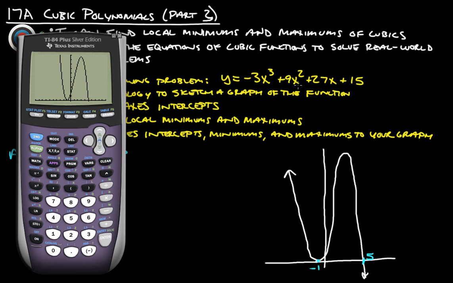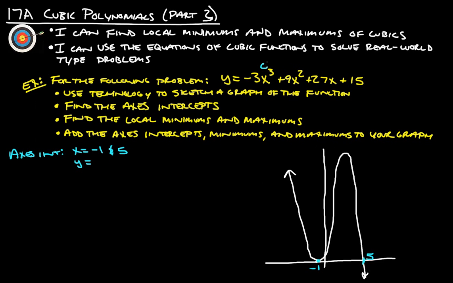But we could also plug in 0, and that's probably easier, because if we plug in 0 for this x, this x, and this x, these all turn into zeros, and there is our y-intercept. So our y-intercept is going to be at 15. It's going to be this number right there.